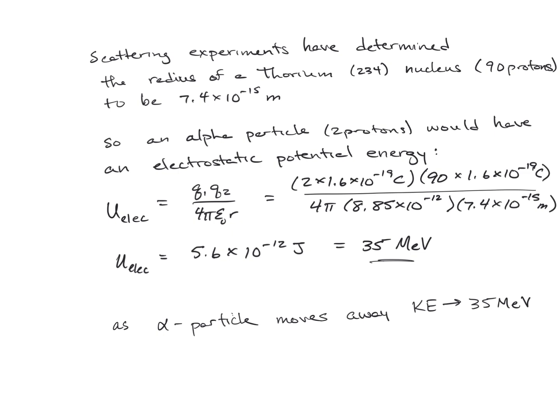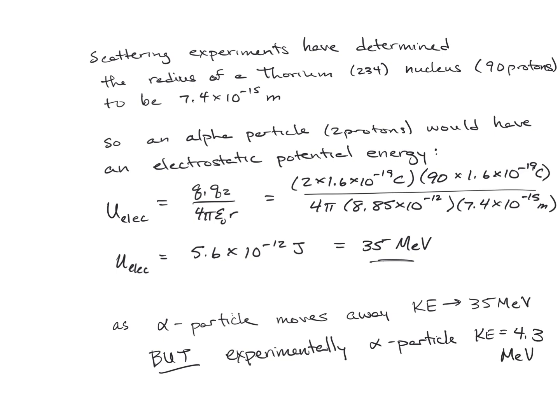But experimentally, and this is a big but, what we actually see is a much smaller kinetic energy. Experimentally, that alpha particle is detected with a kinetic energy of only about 4.3 mega electron volts when we're far away.